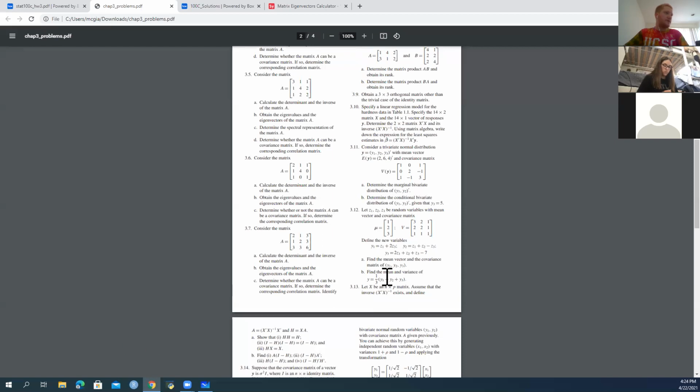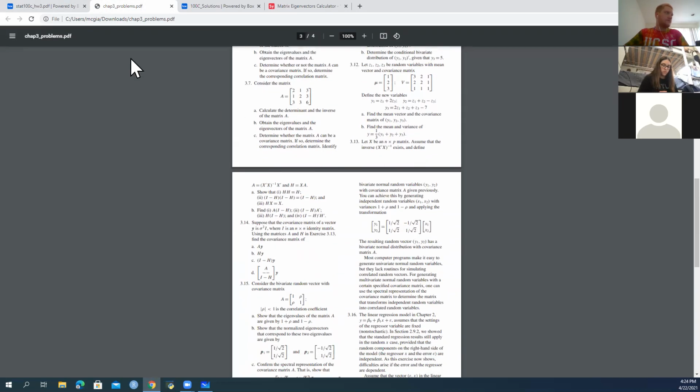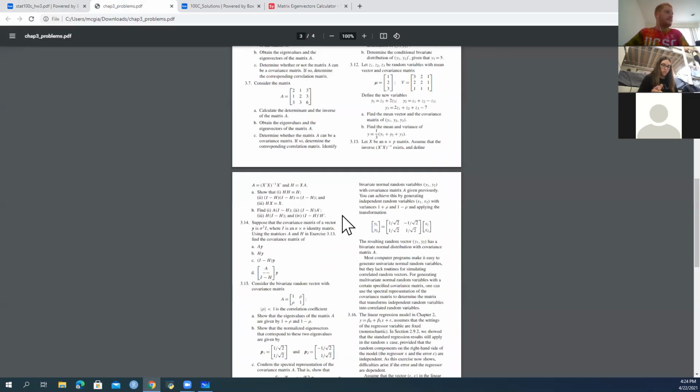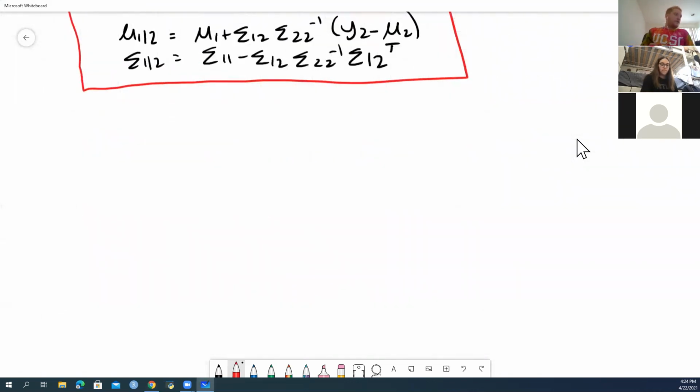So let me kind of do one that's sort of very similar to, no, okay. So just to do marginal and conditional distributions.